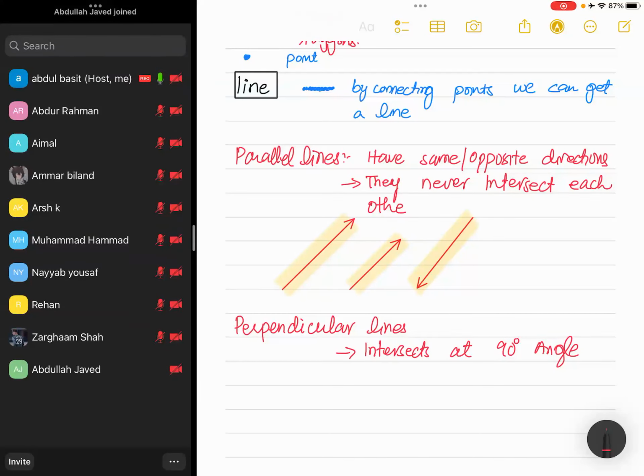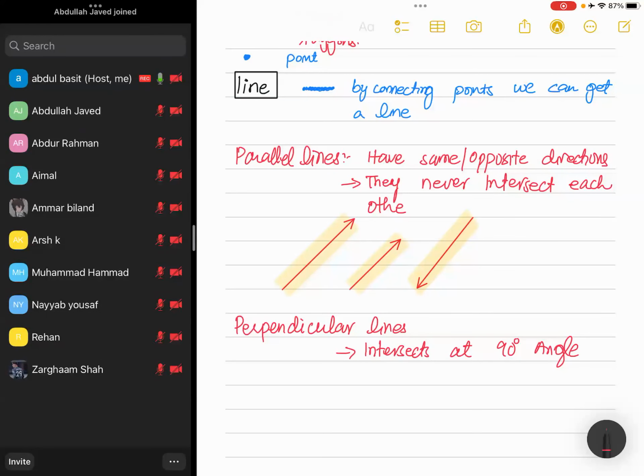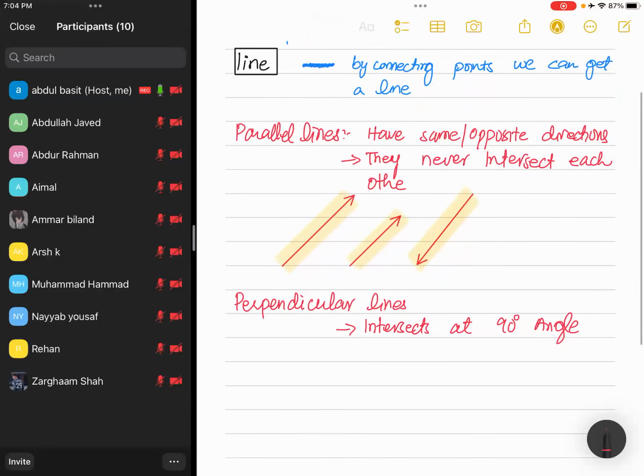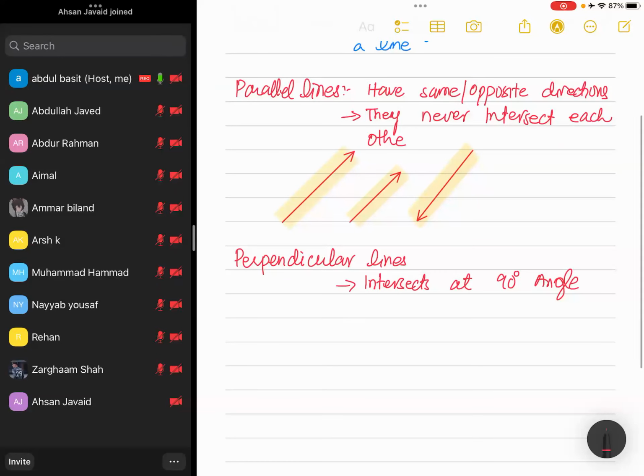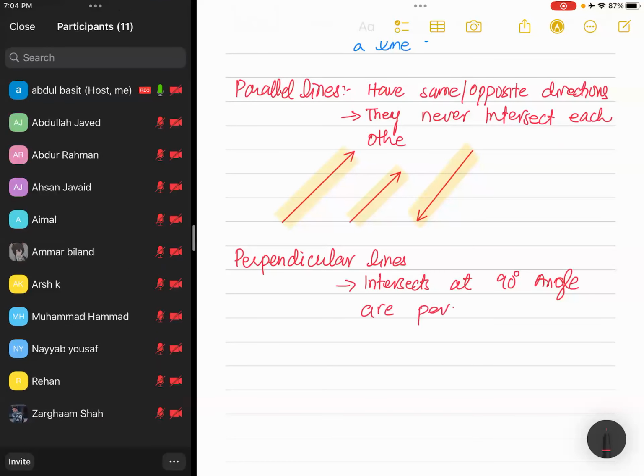Okay जी. Those lines which intersect at 90 degree angle are perpendicular lines.